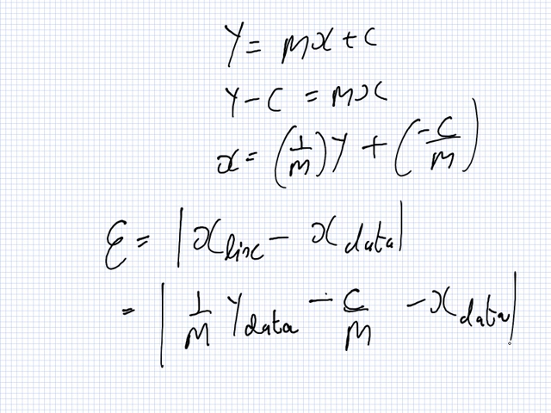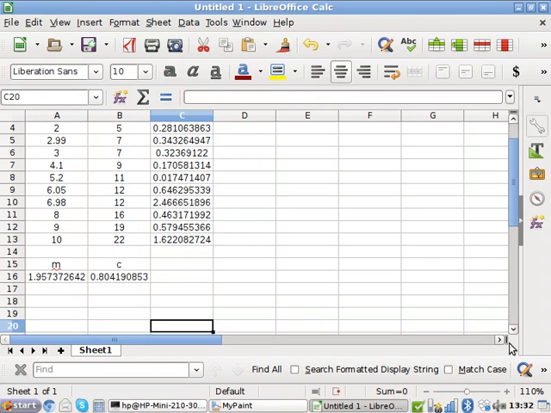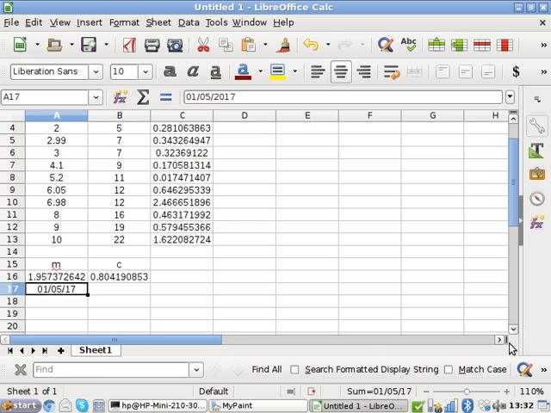So to make our lives a little bit easier, what I'll do is underneath I'll put here 1 over m. A little bit tricksy. 1 over m, and then underneath that 1 over this number, 1 over A16, and I get that.